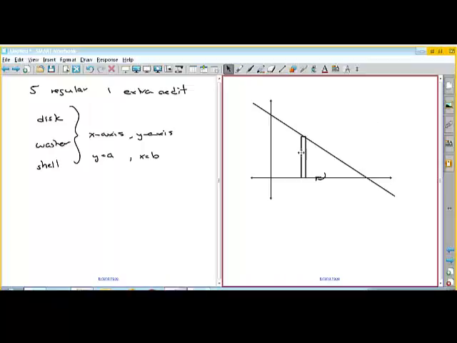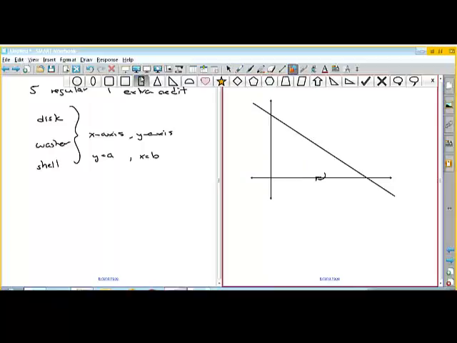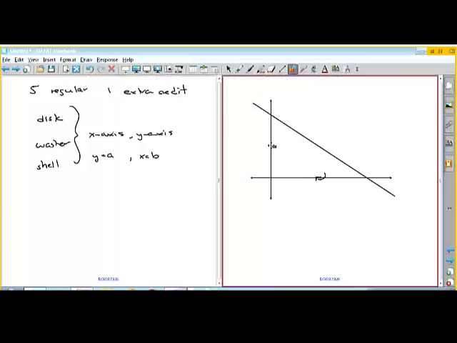And the function that defines the outer radius is a function of x. Now if I likewise ask you to rotate around the y-axis, then your rectangle would be this way for the disk method.